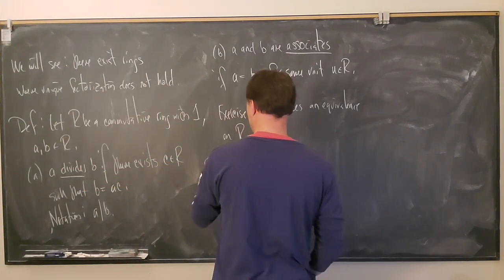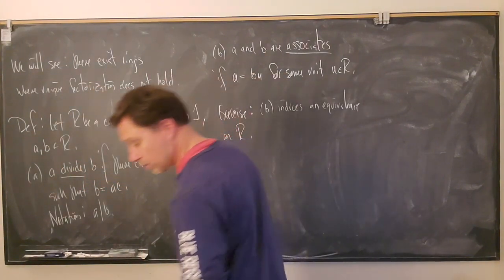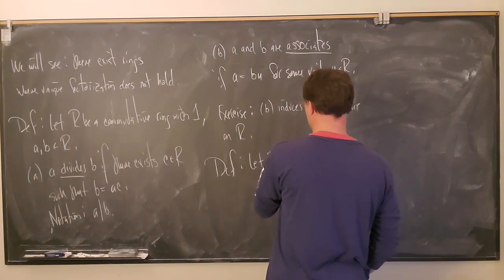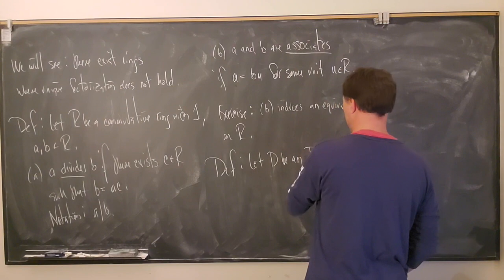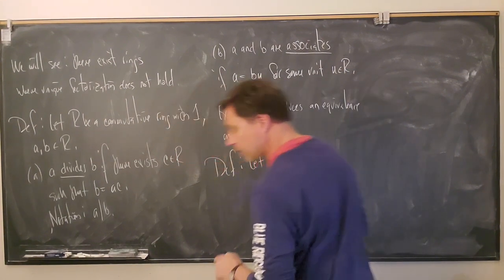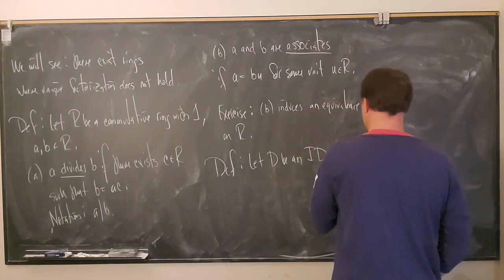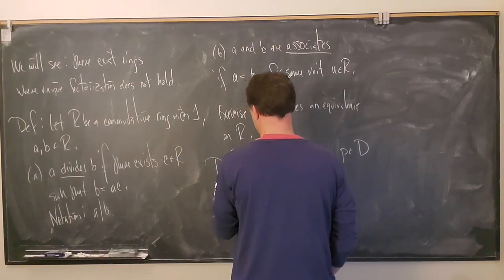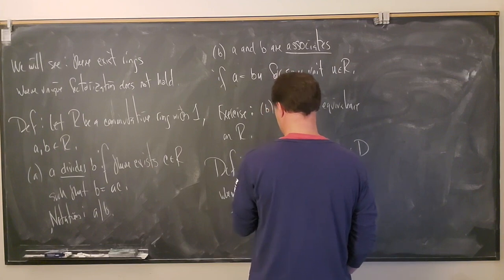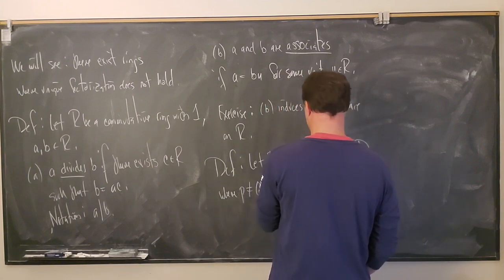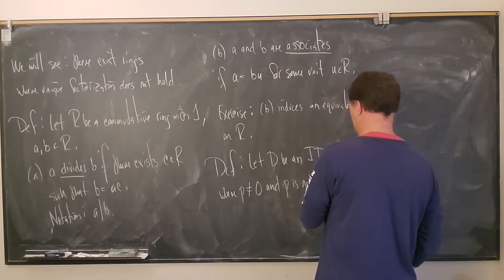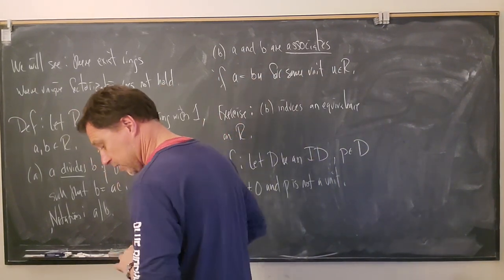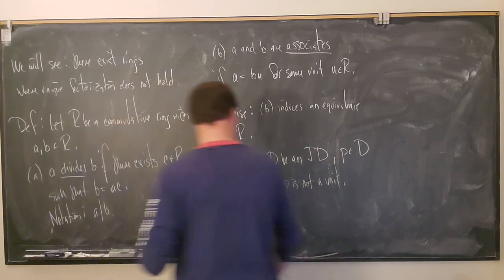Okay, another definition. So let D be an integral domain, and I need some P in D where P is not 0 and P is not a unit. Two parts of this definition. I guess I can put them here.